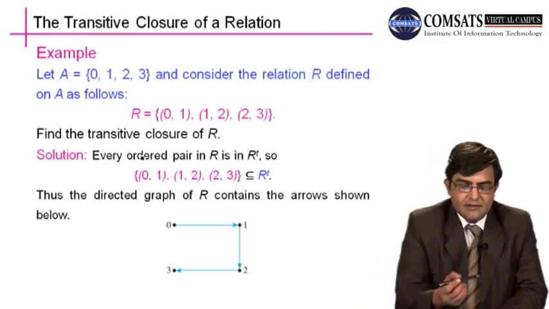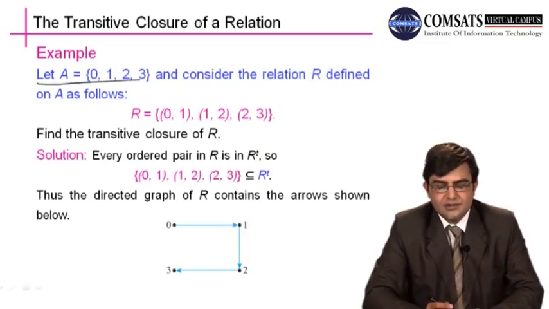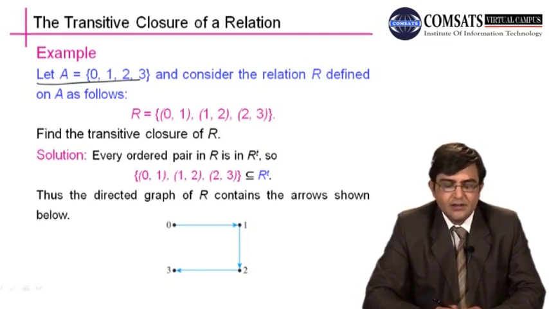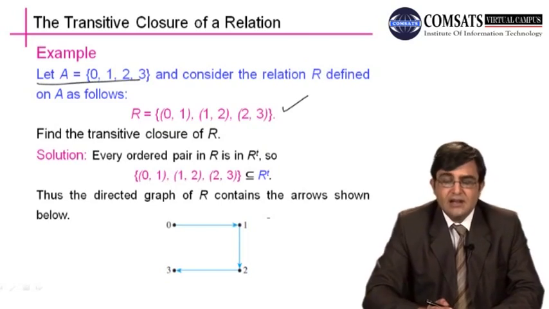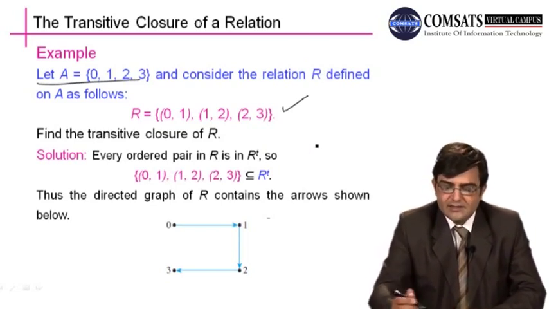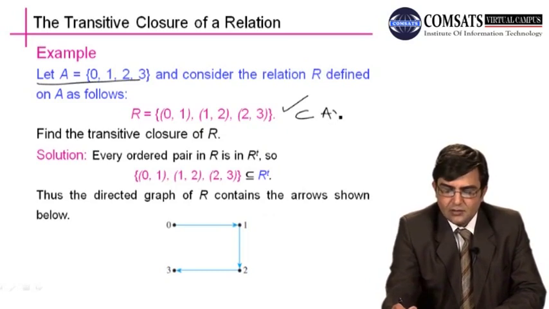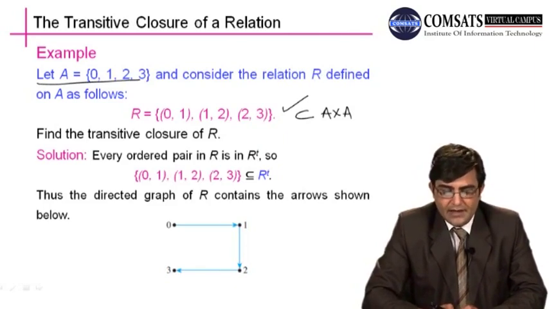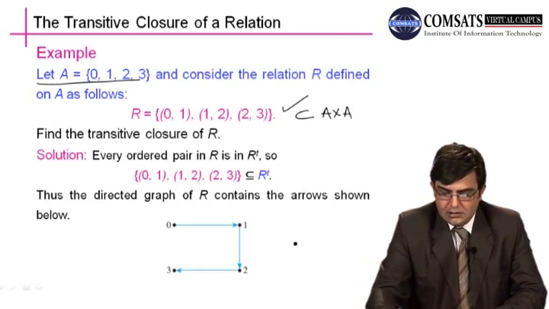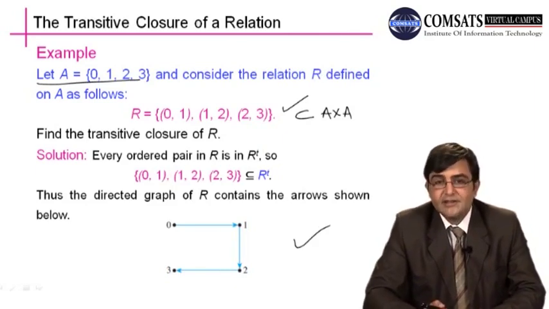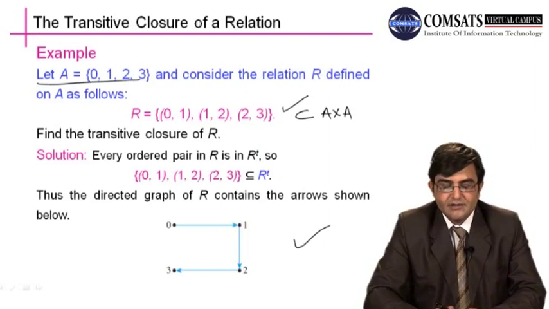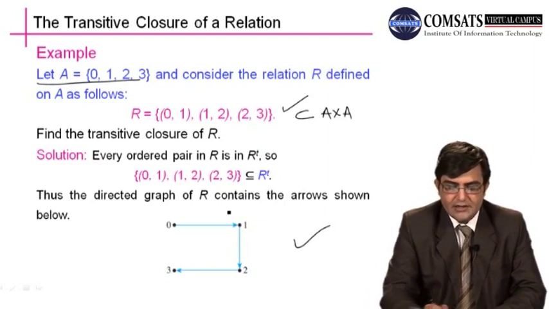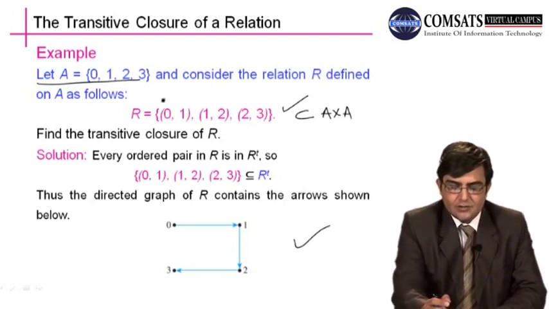For example, we are given a set A which is {0, 1, 2, 3}, and consider the relation R defined on A as follows. This is a relation defined on A, that is, this relation is a subset of A cross A. Now, with the help of a diagram, a digraph, or directed graph, which we studied in the previous lecture, if we construct a directed graph of this relation, we can construct it like this: 0, 1, 2, 3. 0 is related to 1 here, 1 is related to 2, 2 is related to 3.